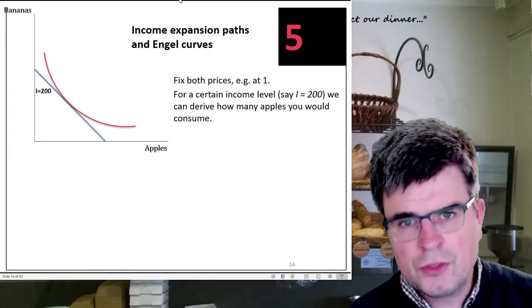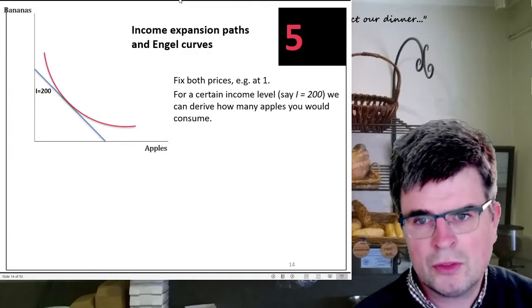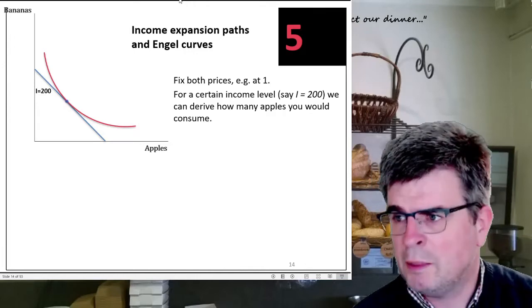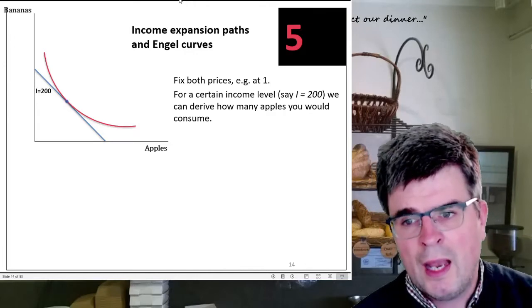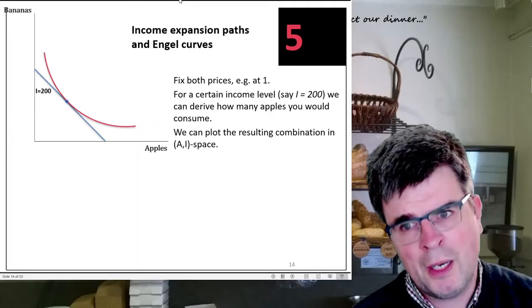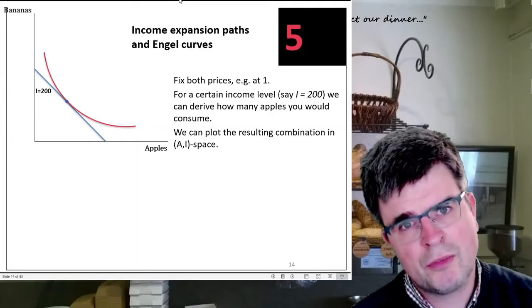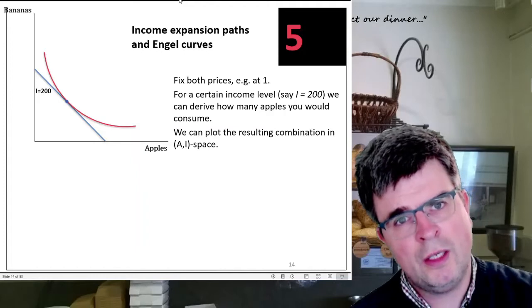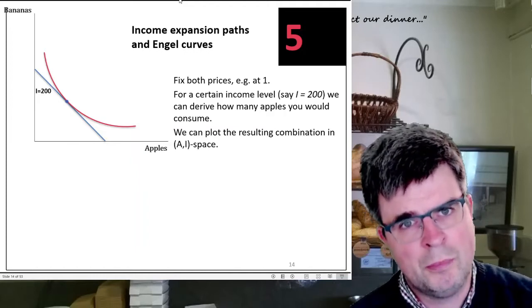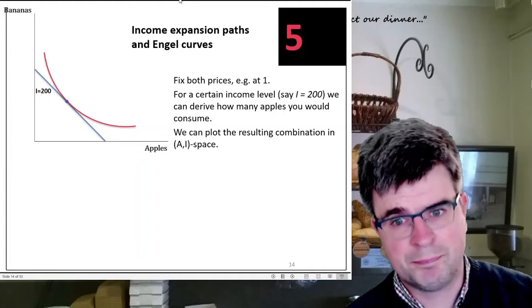Here is an indifference curve. Looks like a Cobb-Douglas type of indifference curve, and the optimal consumption bundle is given by the blue dot. At this point, we can back out how many apples we consume and how many bananas. So we also have the relation between if the income is 200, how many apples will I consume in equilibrium.